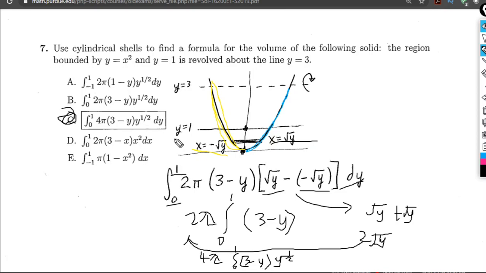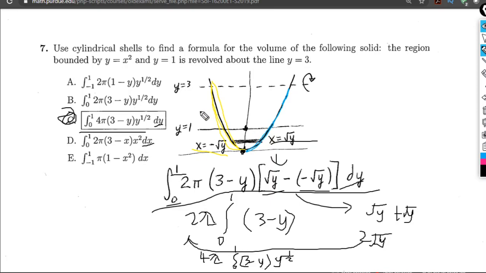So when they suggest something like this, and you've got an initial equation like this, always try to simplify and see if you can make it look more like one of these choices. One way to know is by looking at dy versus dx.